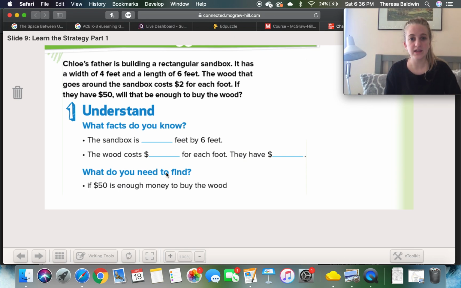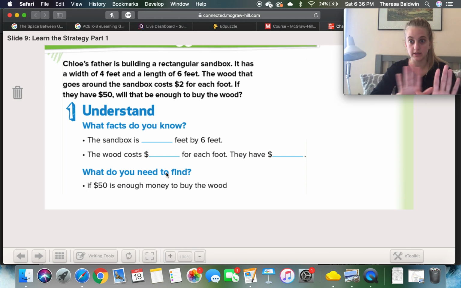But there's one thing that they didn't mention here, and we didn't really think about whether they're asking us for a perimeter or an area. Remember, a perimeter is the length of all of the sides added up. And an area is the space inside of a shape.